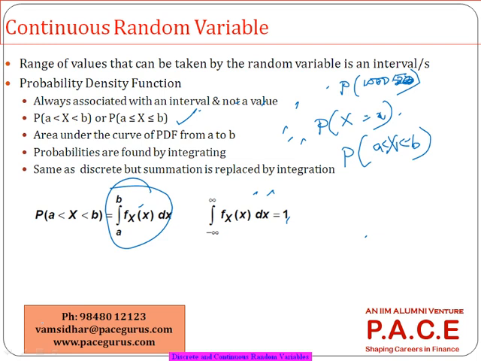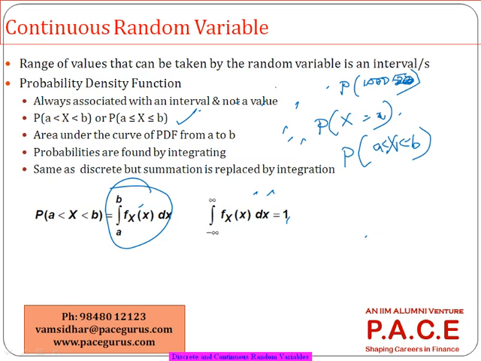So if someone says, okay, we'll take up a numerical. Any probability that I have to find out, I am doing it using an integral between a and b. And when I do the same between minus infinity to plus infinity, it's like all possible values that the function can take.